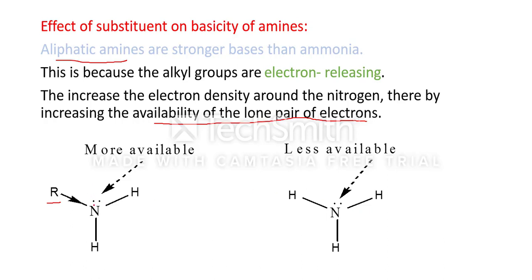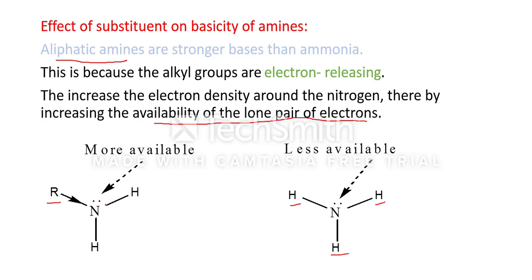In ammonia, hydrogen is less electron releasing than the alkyl groups. That's why aliphatic amines are stronger bases than ammonia: the alkyl groups release electrons, the density on nitrogen increases, and the lone pair is more available.